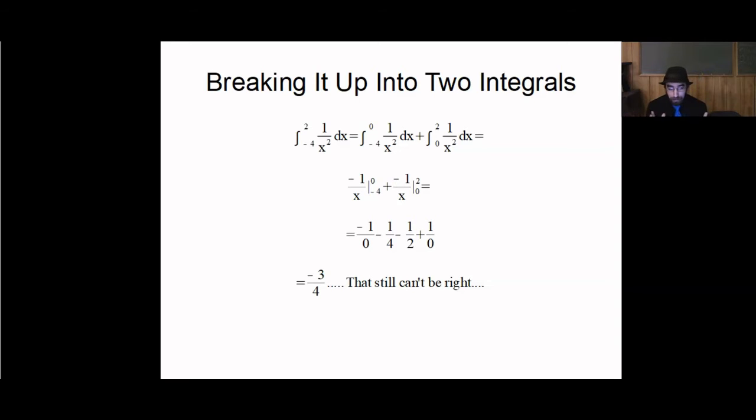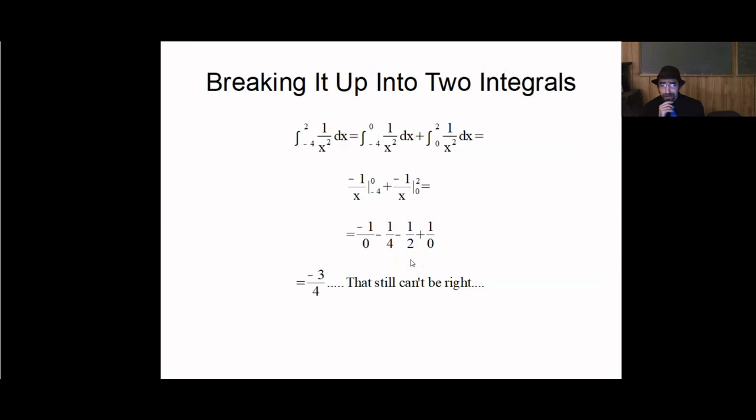I plug in my bounds, and I get -1 over 0, which doesn't look so good, but -1 over 0, -1 over 4, -1 over 2, plus 1 over 0. I'm subtracting a -1 over 0. I can cancel my -1 over 0 and positive 1 over 0 and get -3 over 4.